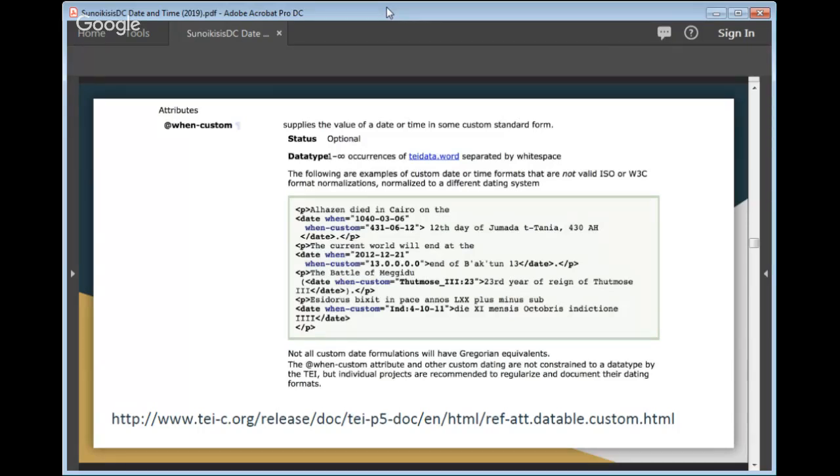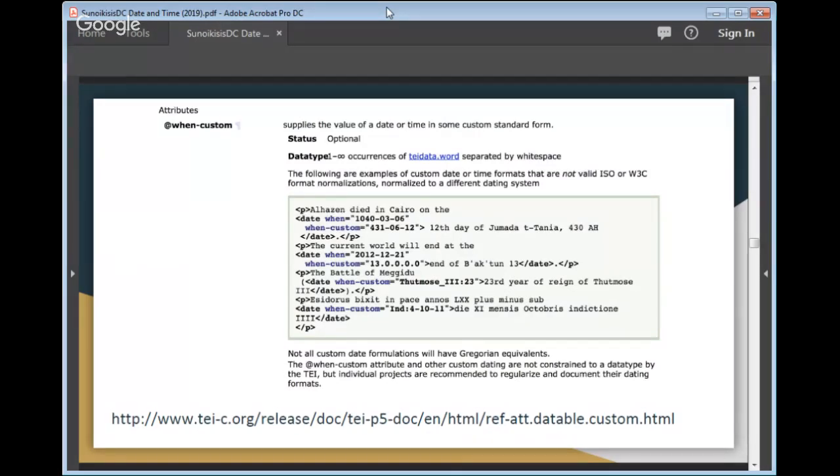So, for example, in the first example on this slide, I don't know how well you can read it on YouTube, we have the date of death of an Arabic figure, Al-Hazan, whose date of death was given as the 12th day of Jamada Tanya in 430 AH, and that we can say is both the Gregorian date, the 6th of March 1040, and the Hijra date, the 12th of that month in 431.